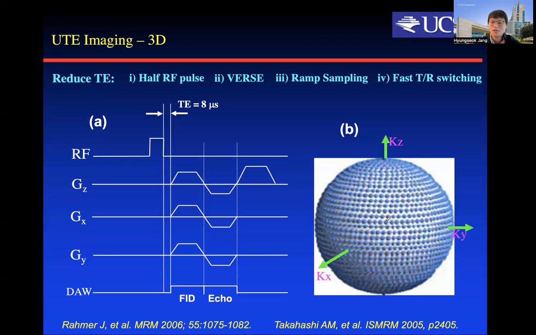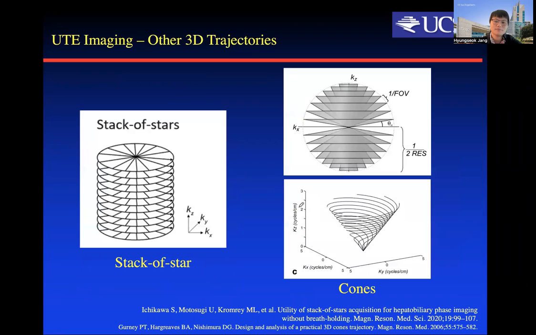So in each TR, we rotate the spoke to cover this spherical 3D k-space. We can also use slab selection, using the special half pulse too. And then everything is the same, just we use the gradient in 3 directions to cover the 3D k-space.